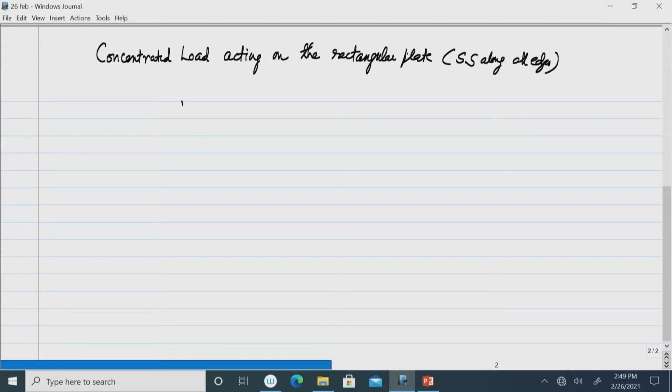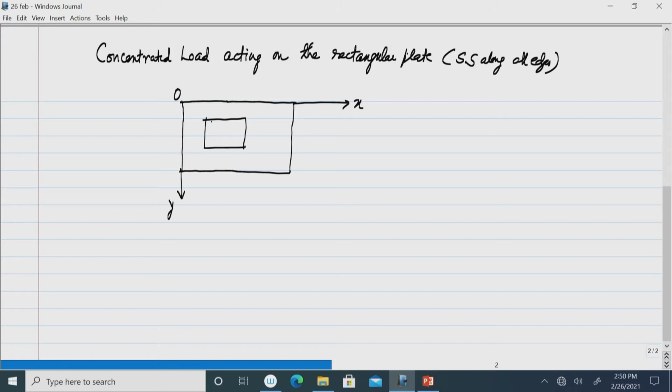If I see the plate, we have this as the x axis and this as the y axis, and this can be taken as the origin. Now, we have a patch loading of uniform intensity. The area of the patch loading is alpha cross beta, and the center of gravity of this patch loading is here.